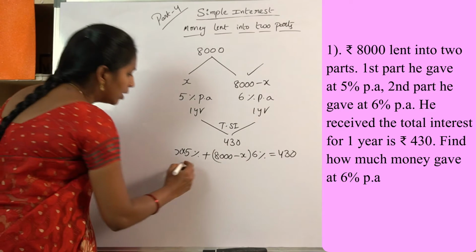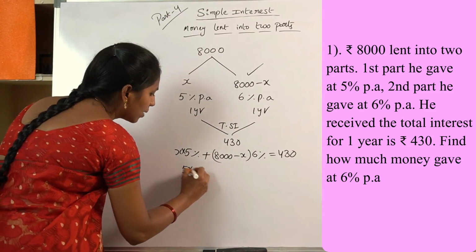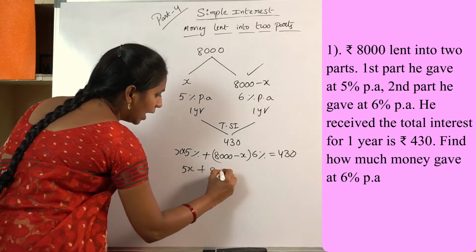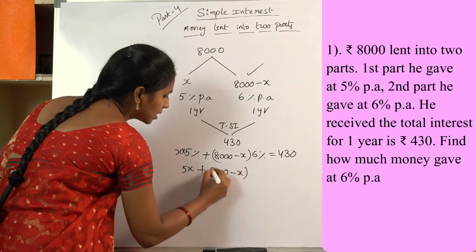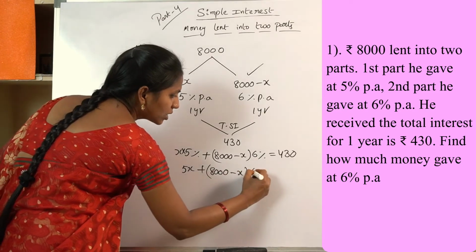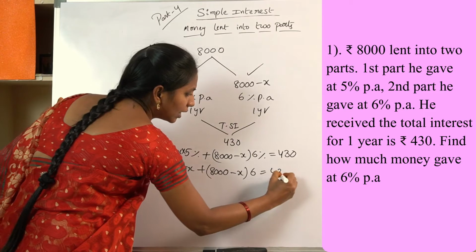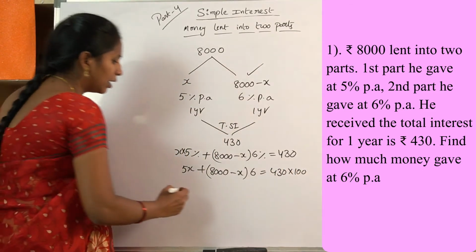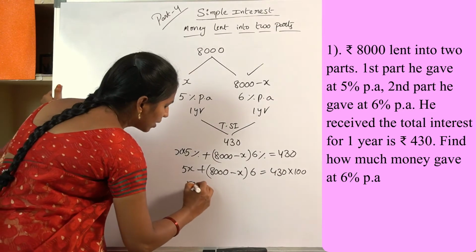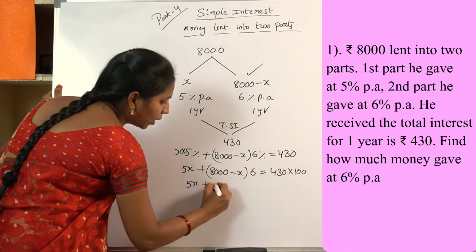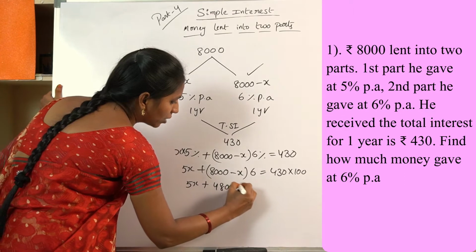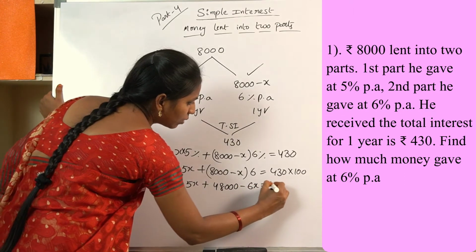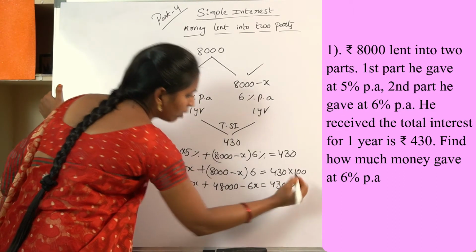Then 5x plus (8,000 minus x) into 6 equals 430 into 100. Then 5x plus 6 into 8 is 48, so 48,000 minus 6x equals 43,000.